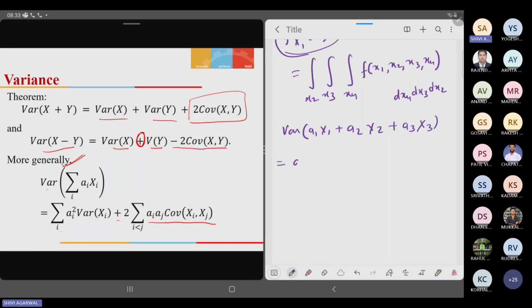So what we are taking: a1 squared variance of x1 plus a2 squared variance of x2 plus a3 squared variance of x3.